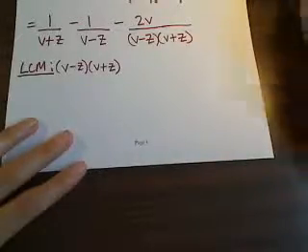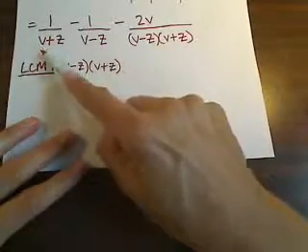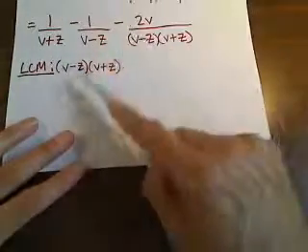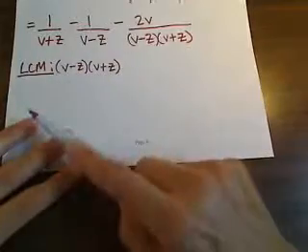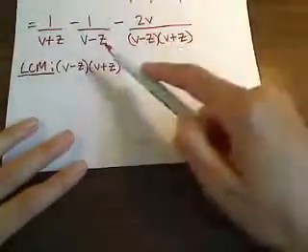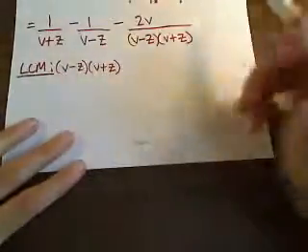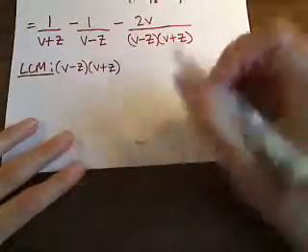So we have a v minus z factor occurring once here and once there and no times there. So the most it occurs in any of those spots is once, so we need it once in the LCM. The v plus z is occurring once here, no times here, and once here. And the most it occurs in any of those spots is once, so we need it once in the LCM.